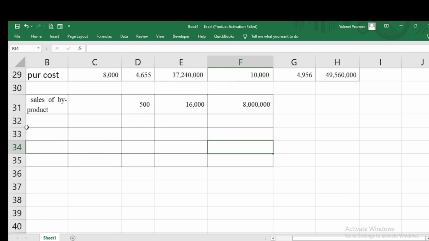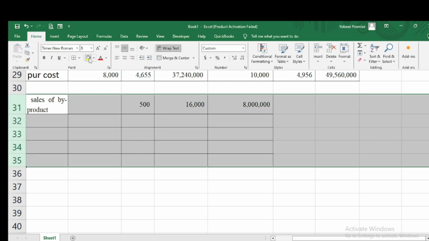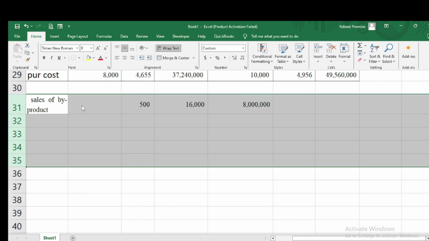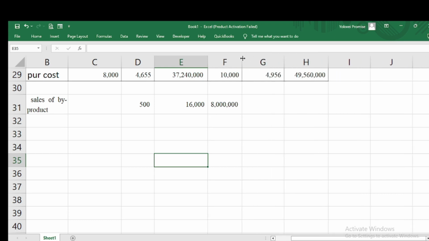I don't need tables in this thing here. These normal grid lines are enough. Okay. So we have 500 units at 16K, which will give us that.